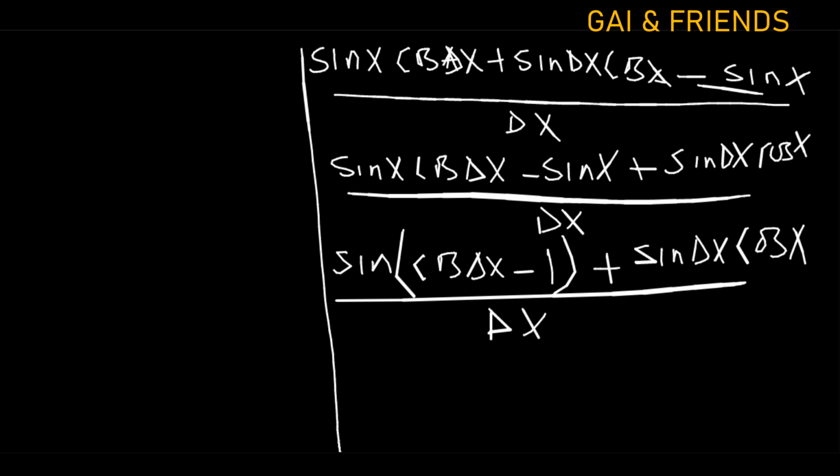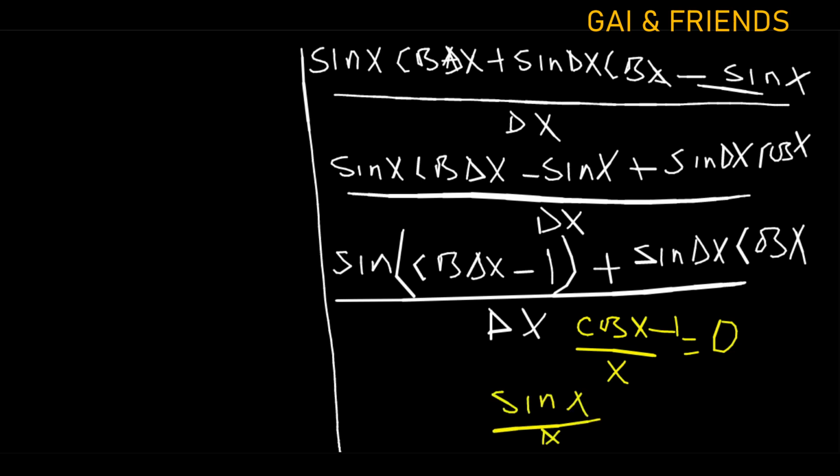So what can you do at this point? You need to recall the special limits that cos x minus 1 over x is 0, and sine x divided by x is 1. Keeping that in mind, we can identify that we have something like this here, and then we have sine delta x here. We can also divide it by delta x.